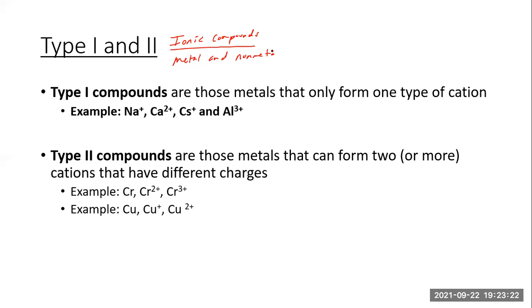And whenever you go about trying to name something that is a metal or non-metal together, the most important one out of those two is actually the metal. That is the most important guy to look at. It is the metal that will actually tell you how you are going to name this particular compound.